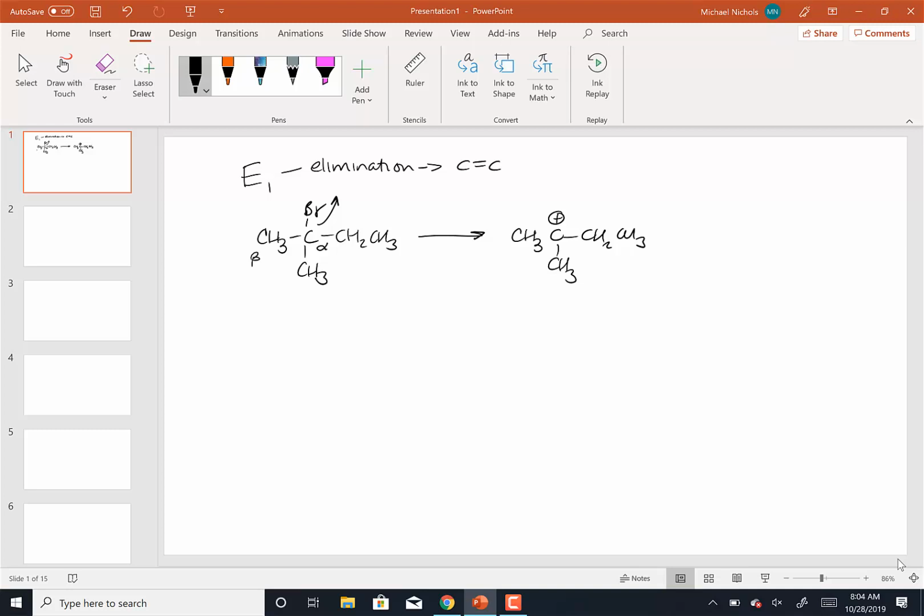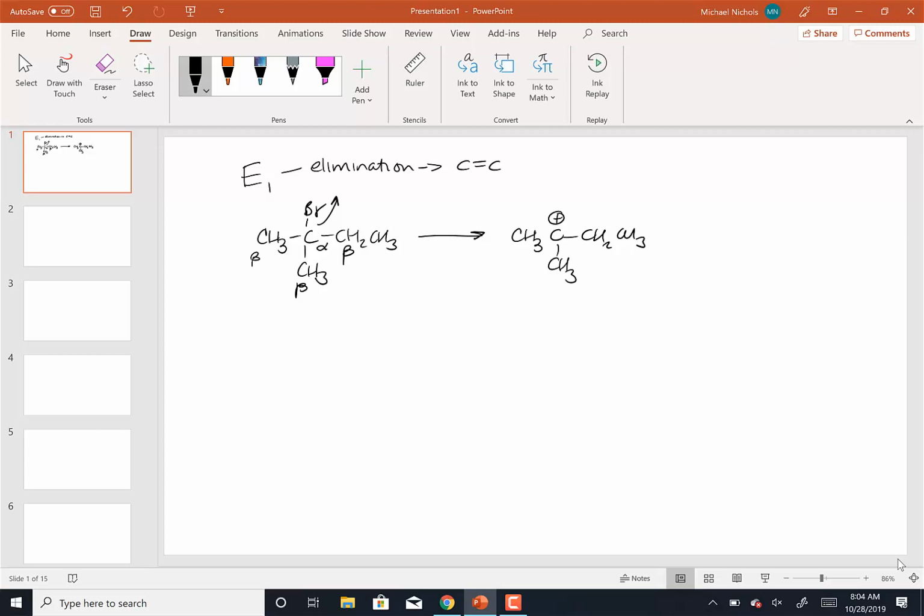Beta carbons are attached to alpha carbons. And the hydrogens attached to the beta carbons are beta hydrogens. So we can write the product of an E1 reaction without going through the mechanism, but we will go through the mechanism. Okay, but we need to understand that terminology.